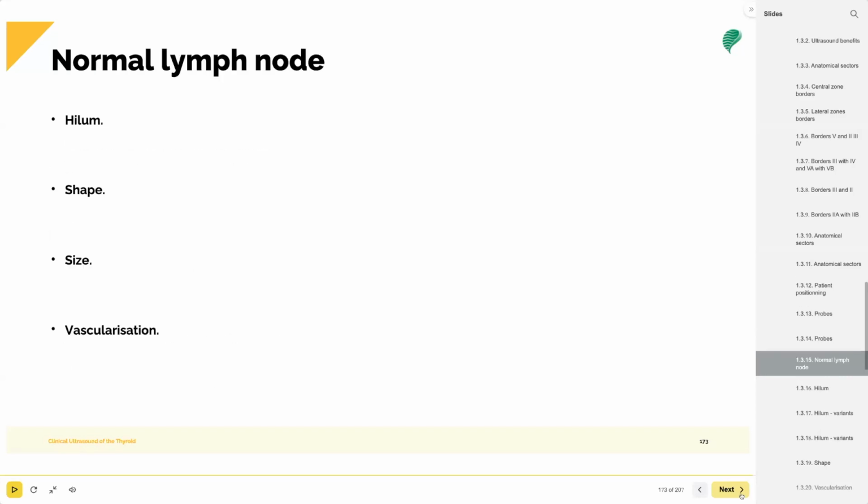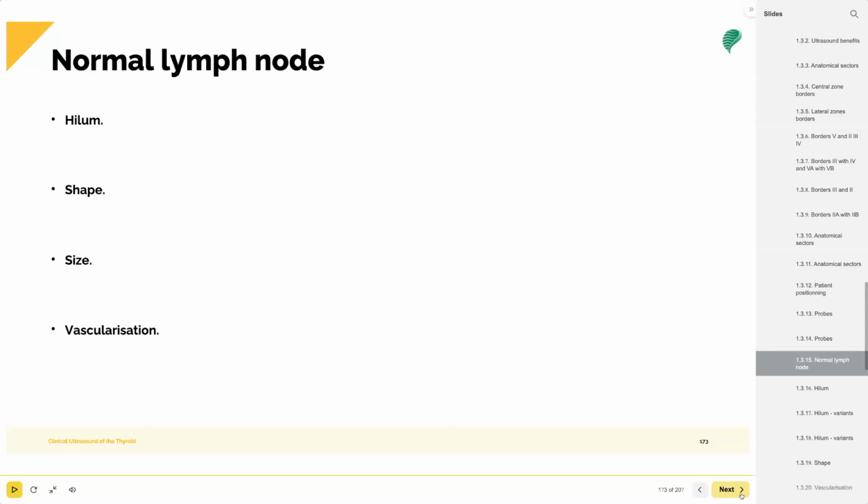To determine what constitutes a normal lymph node versus an abnormal lymph node, we will focus on things like the hilum, which is the inside area of the lymph node, the shape, the size, and vascularization.